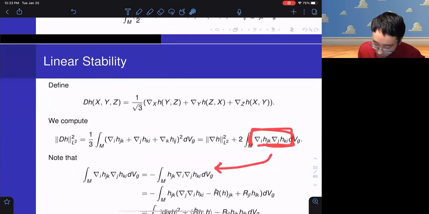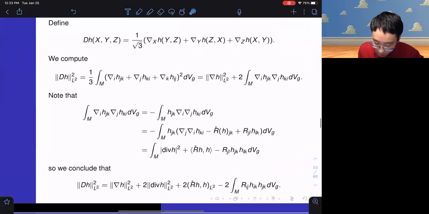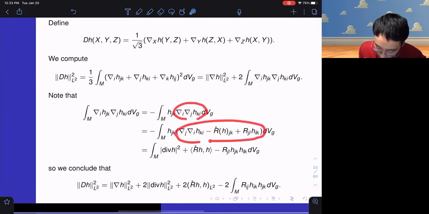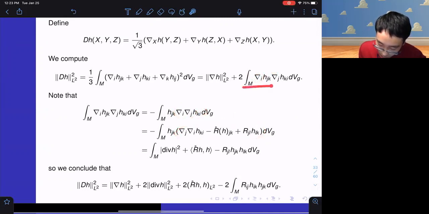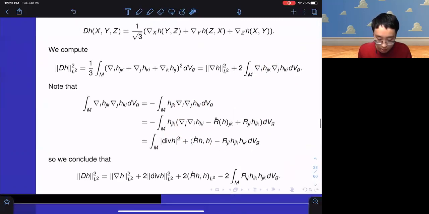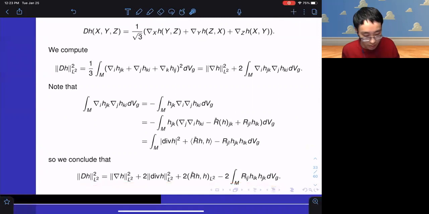Here you can use integration by parts to move this gradient to here, and then use the commutator formula. So in fact, this quantity is related to the |divergence H|^2 plus the curvature tensor part and the Ricci part. So this is our conclusion.